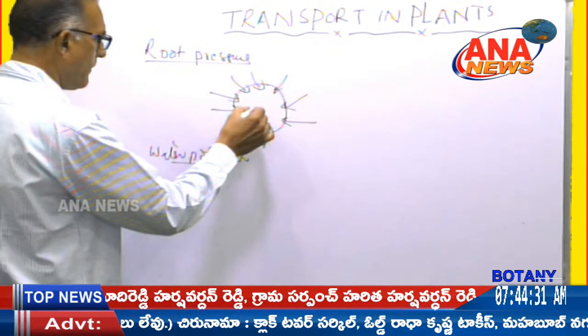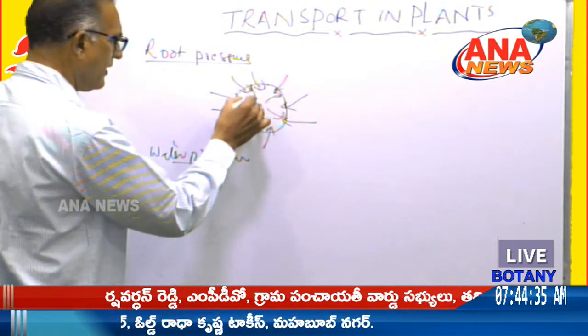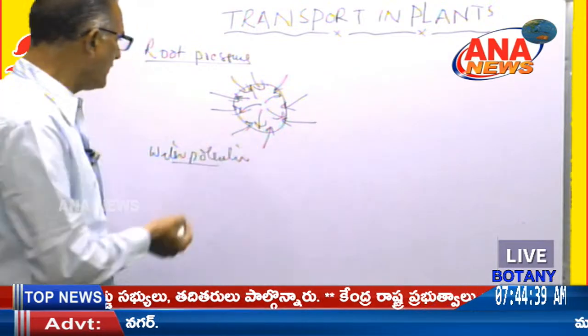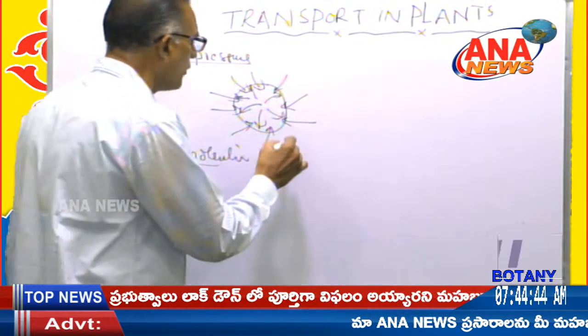Then a pressure is created, exerted on the cell wall. The pressure which is created in the cell by absorbing the minerals is called root pressure.